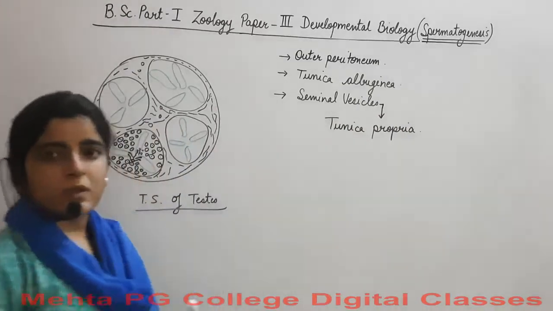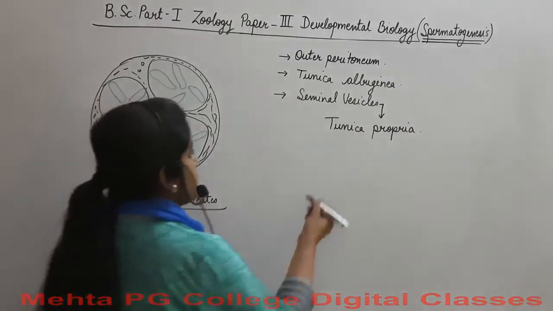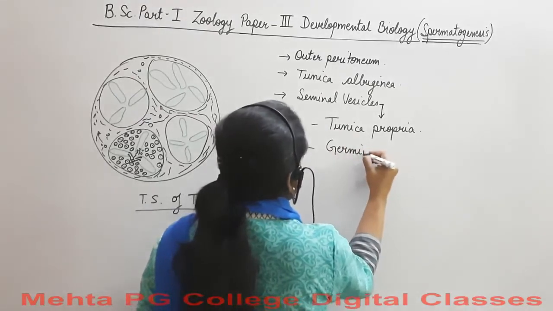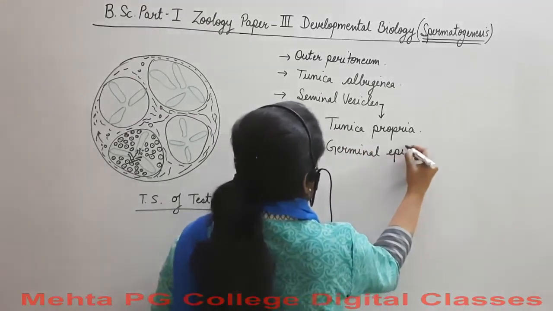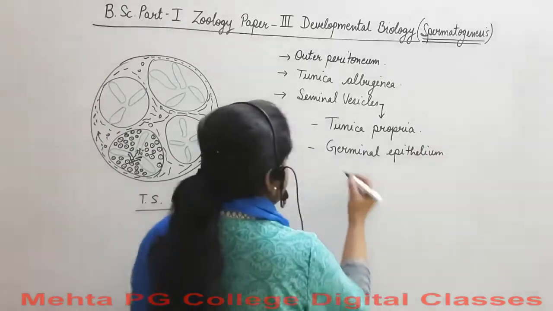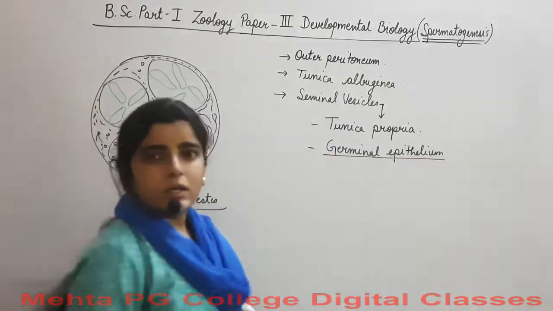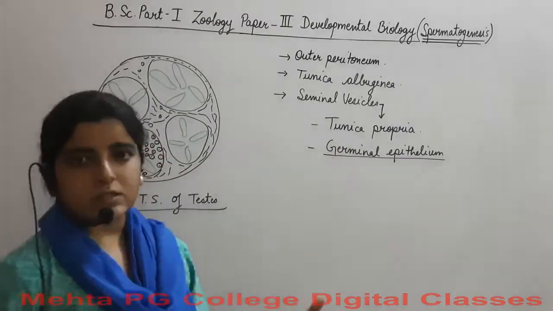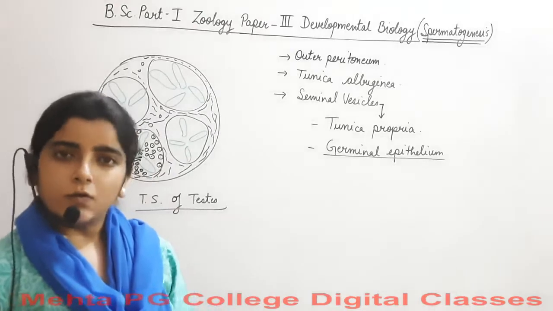Under this tunica propria layer lies germinal epithelium, and from this germinal epithelium layer, our germ cells or male gametes are formed.